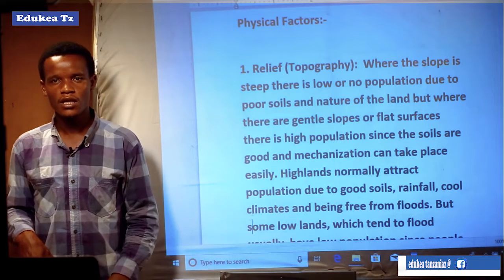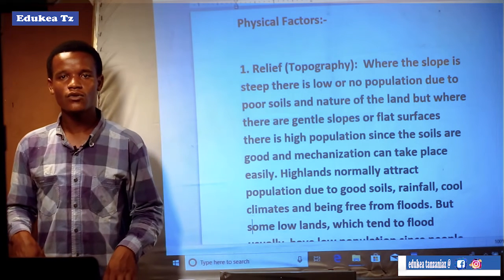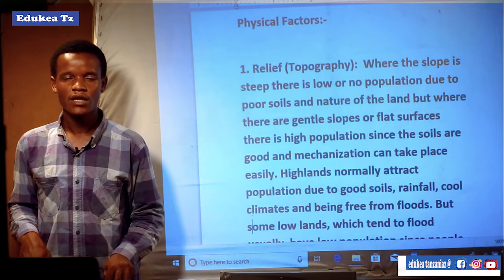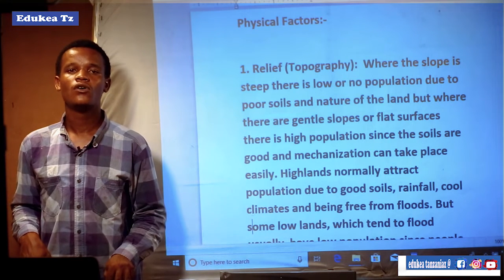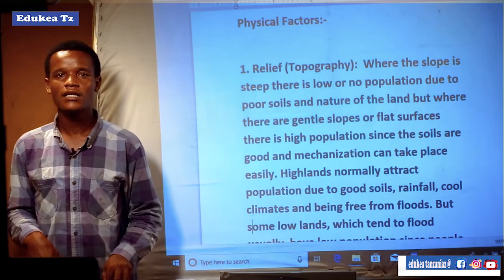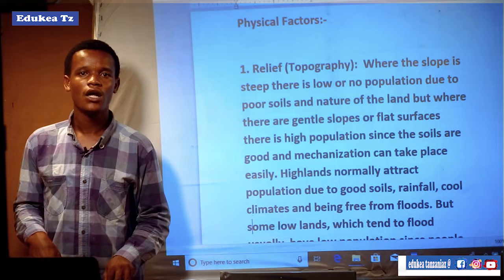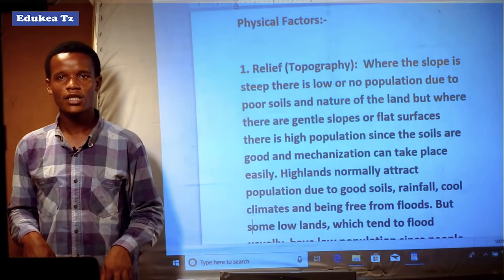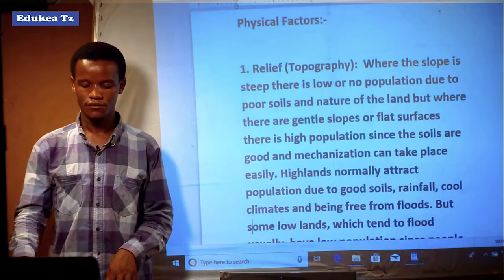This is because the areas that have the steep slope tend to have poor soil that does not support agricultural activities, so people are not attracted there to practice agriculture, hence tend to be found in the lowland. So relief is among the factors that lead to the population distribution.